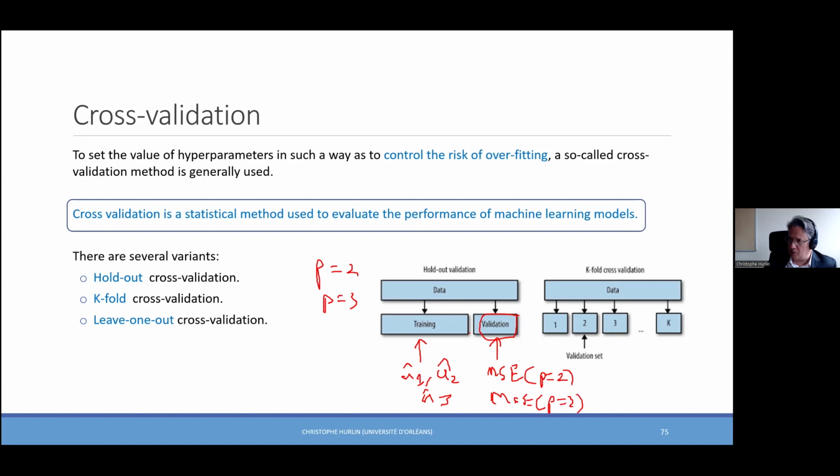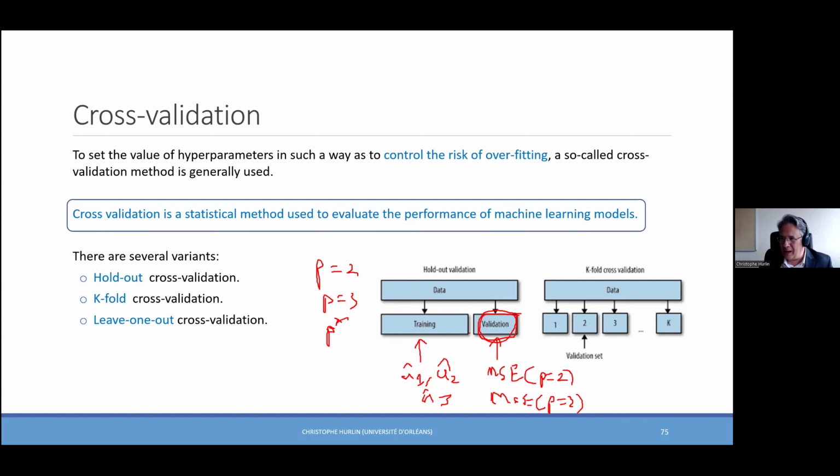And what is the objective? The objective is to find the optimal polynomial order P star such that on this out of sample validation set, I obtain the minimum MSE.